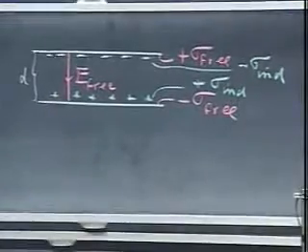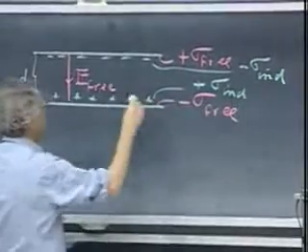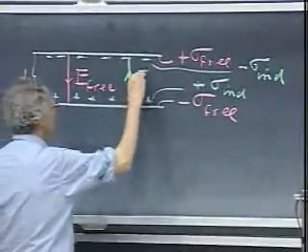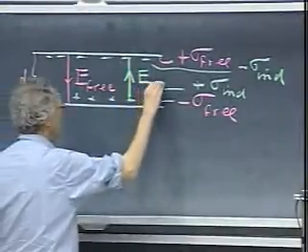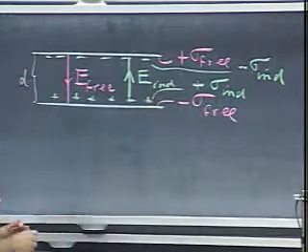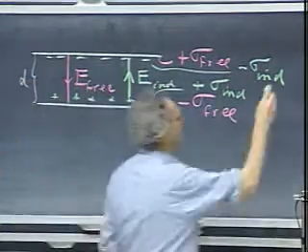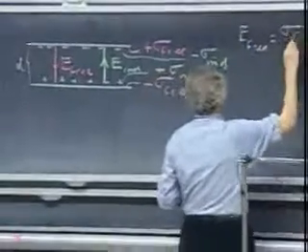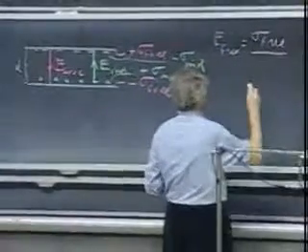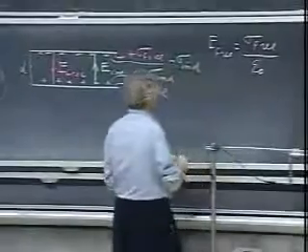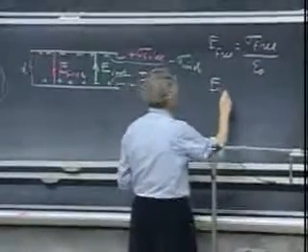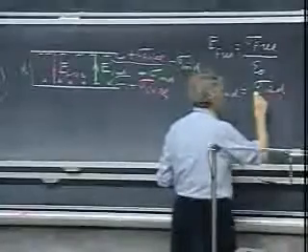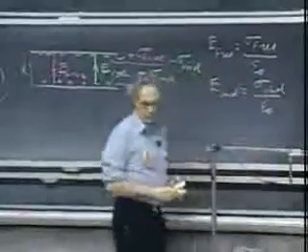And the only reason why I call the other free is to distinguish them from the induced charge. This induced charge, which I have in green, will produce an electric field which is in the opposite direction, and I call that E induced. And clearly E free is, of course, the surface charge density divided by epsilon 0, and E induced is the induced surface charge density divided by epsilon 0.